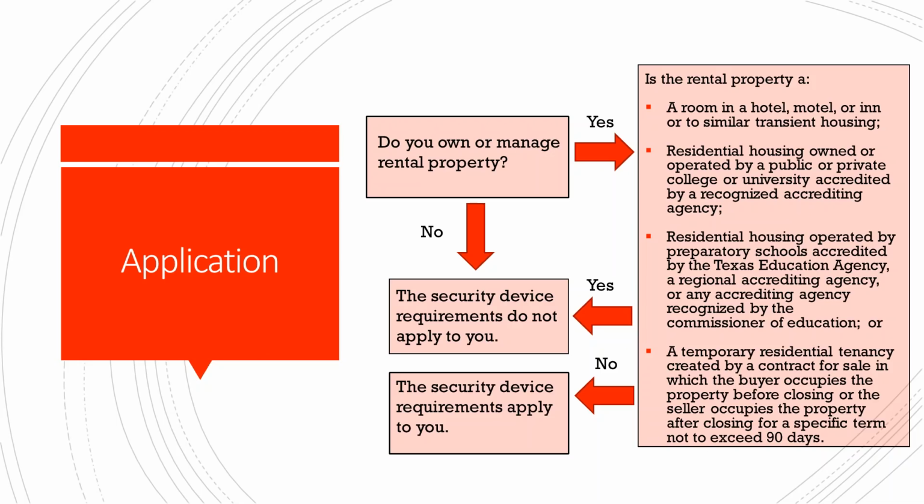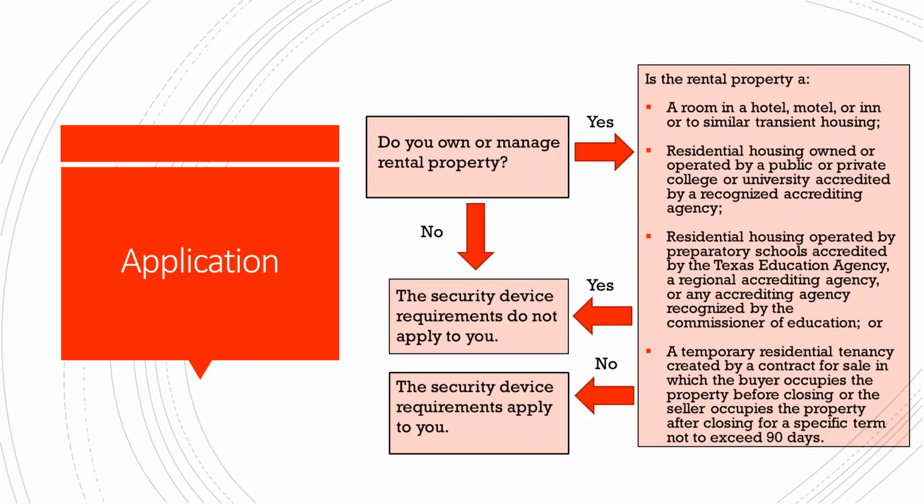Now, for some of you who engage in sales, that language might look familiar to you. If you're familiar with the seller's temporary residential lease and the buyer's temporary residential lease, you'll note at the top of the form, it actually states for use only when seller occupies the property for no more than 90 days after the closing.